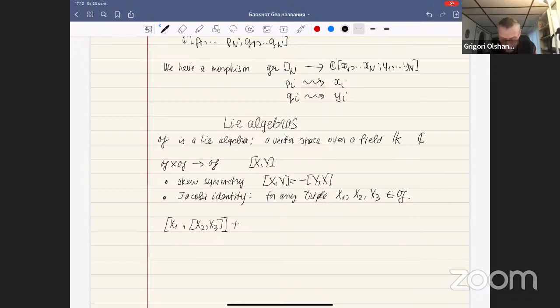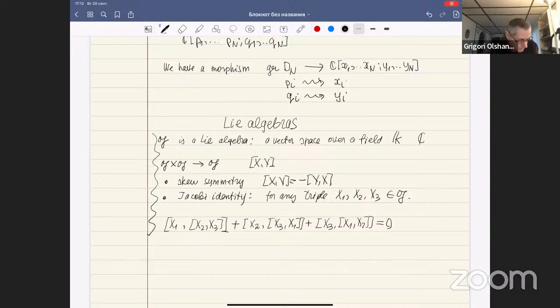The order is unessential, for instance, like this. And the sum of the terms, the relation, must be equal to 0. So this is a formal definition.